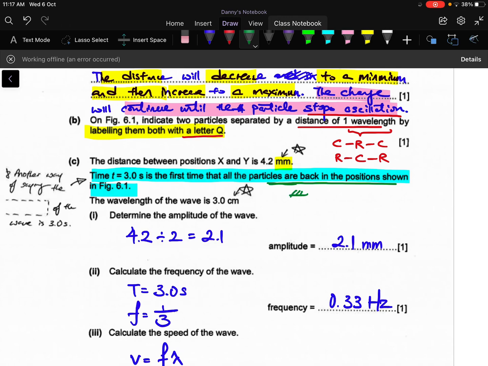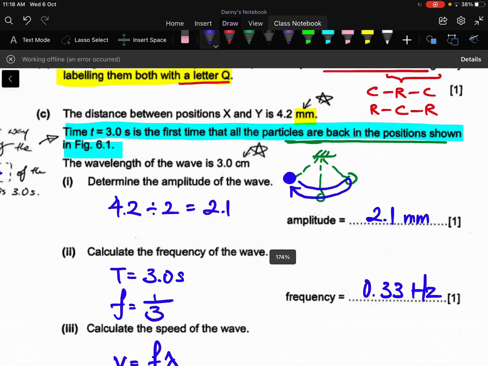Similarly, like your pendulum, what is one period? One period is the time taken for the pendulum to move from its original position away and then back to its original position. Because of that, the period is phrased this way. So the period is 3 seconds.